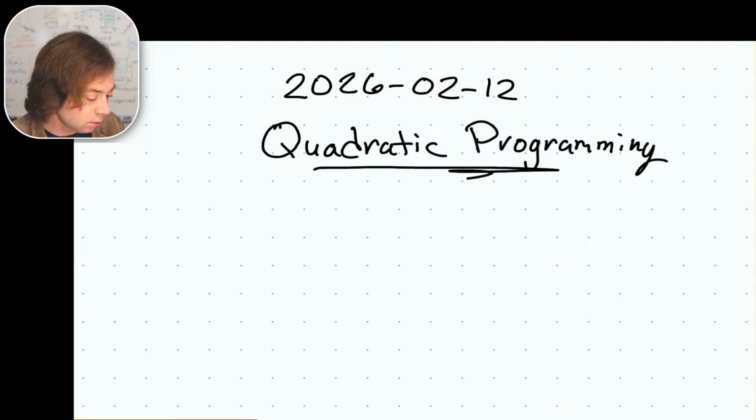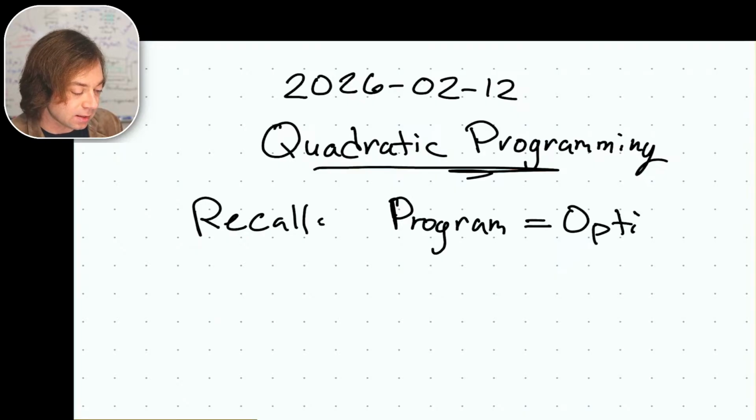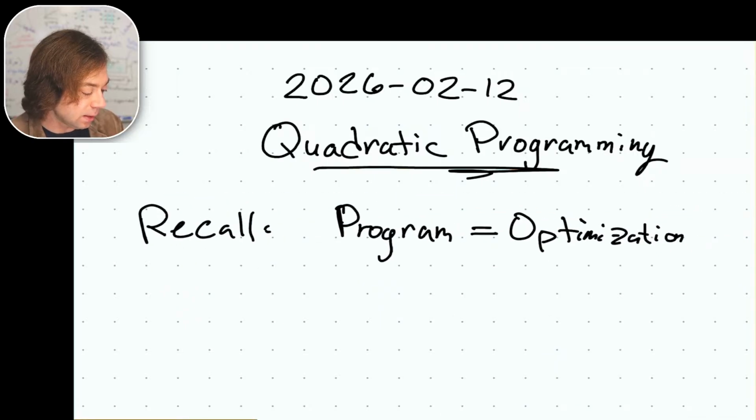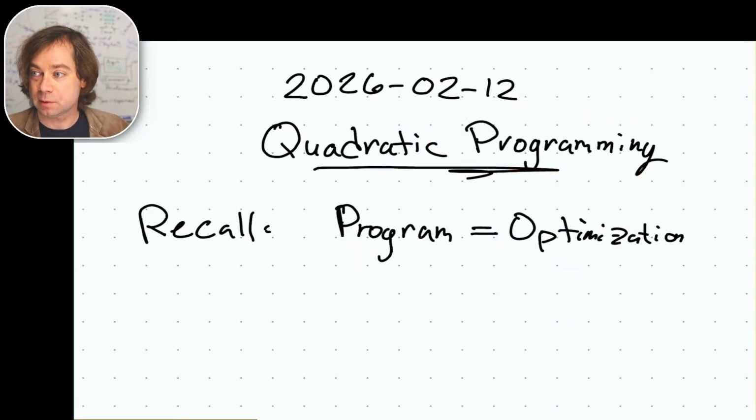Now recall that if you hear the word program, it just equals the word optimization in this class. And again, there are historical reasons for that. If you see programming here, that is the act of solving the program.